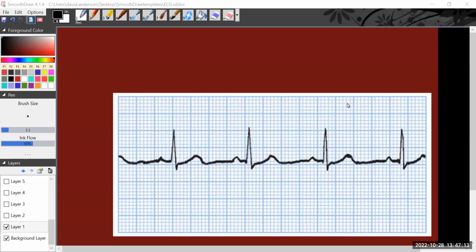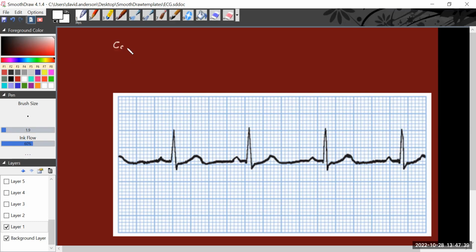Okay, today's discussion is going to be on cardiac dysrhythmias, and we can look at cardiac dysrhythmias by using an electrocardiogram, a graph of our electrical activity in the heart. We run a paper through at a defined speed and we measure the electrical activity.